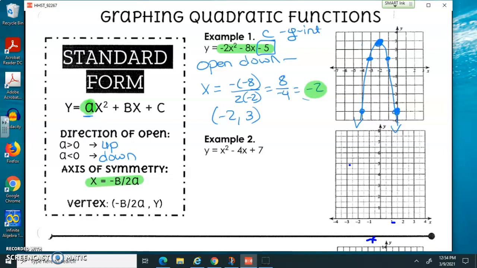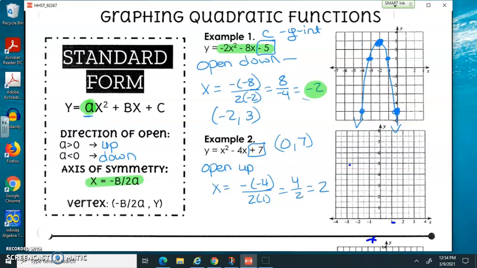So knowing that, down here, we already have a point at 0, 7. So this is going to open up because A is 1. And then we're going to have x equals negative b over 2 times 1. So that'll be 4 over 2, which equals positive 2.